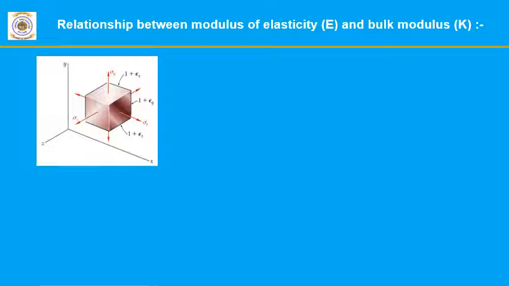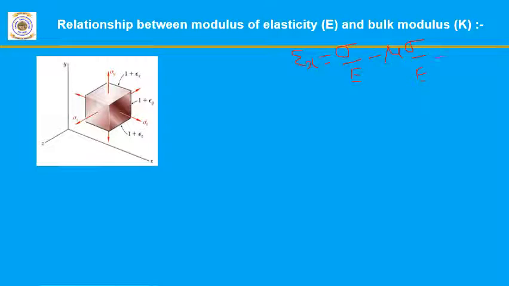So therefore the total strain across x-axis becomes epsilon x is equal to linear strain, so this is along x-axis, therefore stress by E, minus, across y-axis there is a compression due to the application of tensile stress across x-axis, therefore minus lateral strain mu into sigma by E. Then what happens across z-axis?